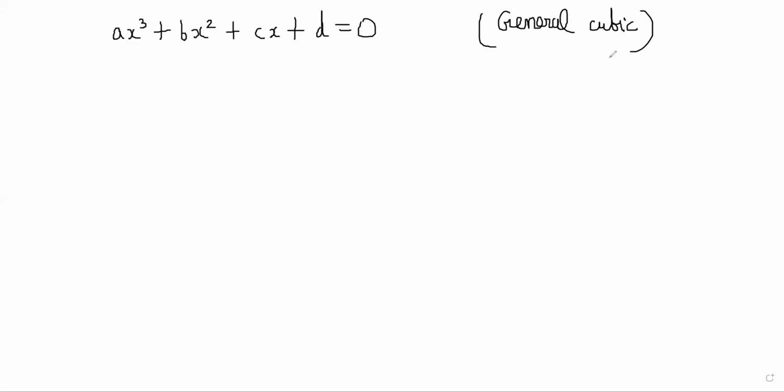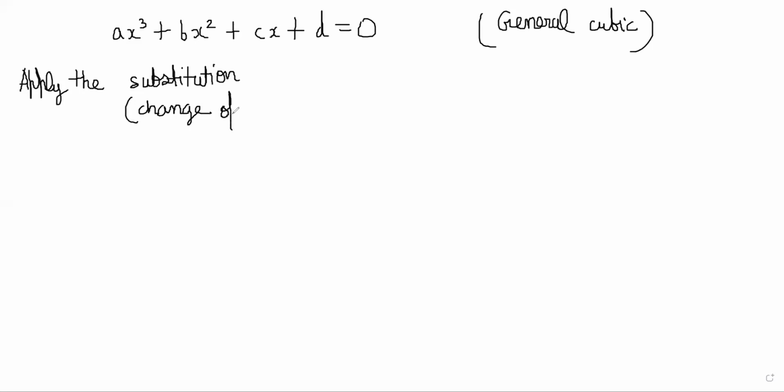So what we do here is first apply a substitution, or basically a change of variable, where we change the variable from x to something in t, right? How do we change the variable? We say x is equal to t minus b by 3a, right?